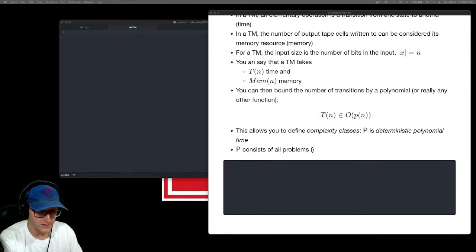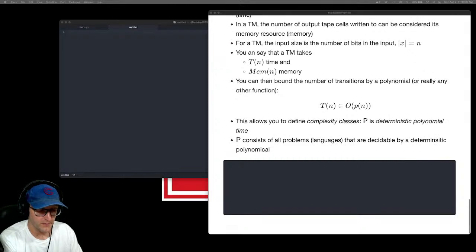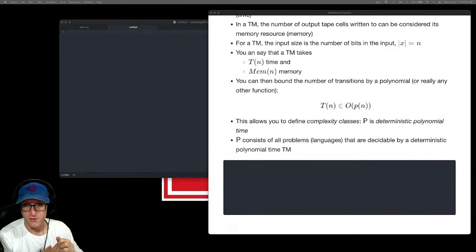So it consists of languages that are decidable by a deterministic polynomial time Turing machine.